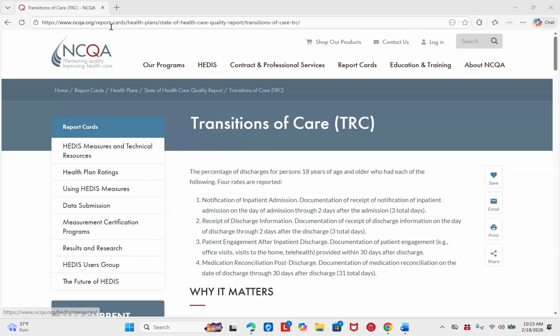If you go to the URL, this is public information. The percentage of discharges for persons 18 years of age and older who had each of the following. These four rates are reported. Now, this is one measure, transition of care.